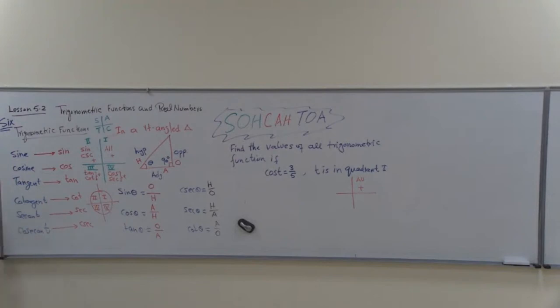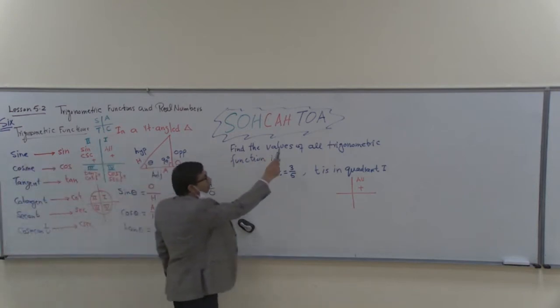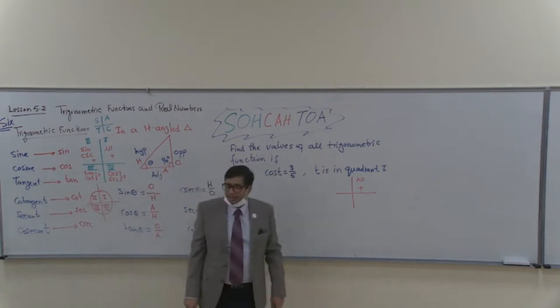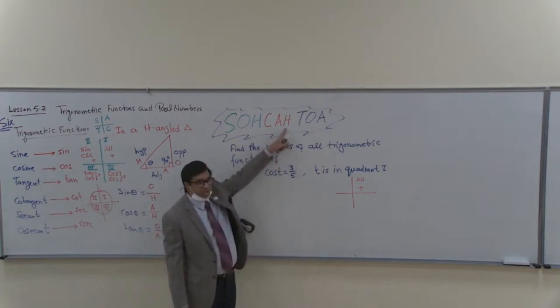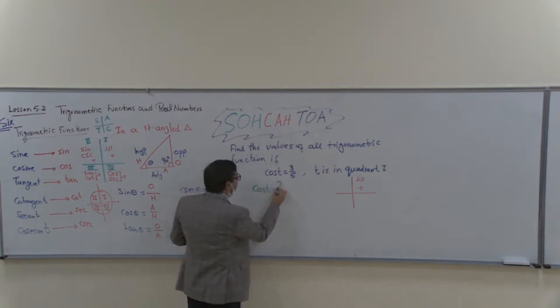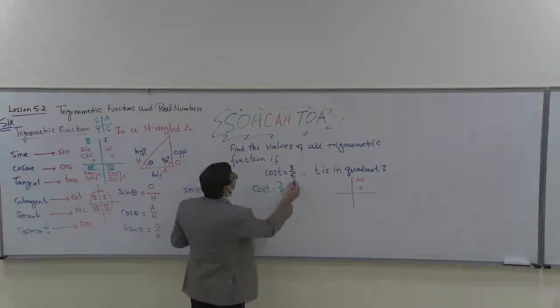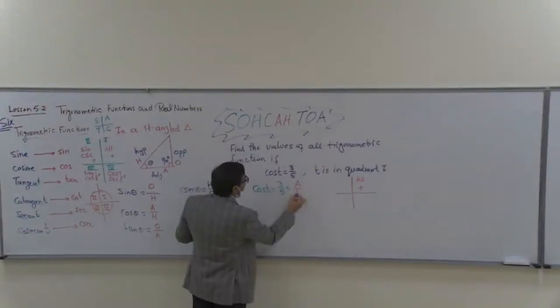Okay, we are given here cosine of t is 3/5. What is the formula for this cosine? CAH TOA. This is A/H. So if we are given cosine of t, which is 3/5, its formula is A/H.